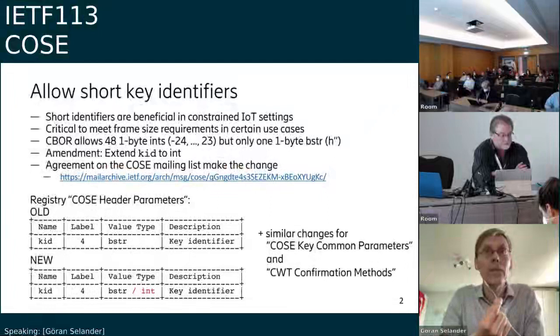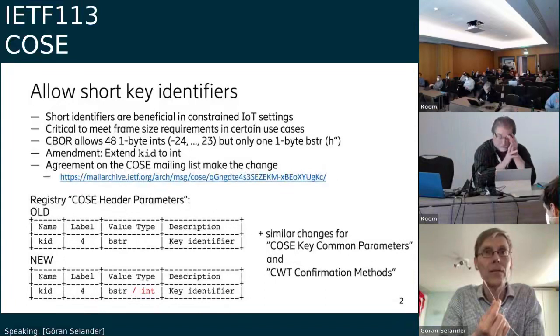So this is something we discussed on the mailing list between the two previous meetings, and it's addressing the use case when you have really tight message size constraints and you would like to use very short key identifiers.